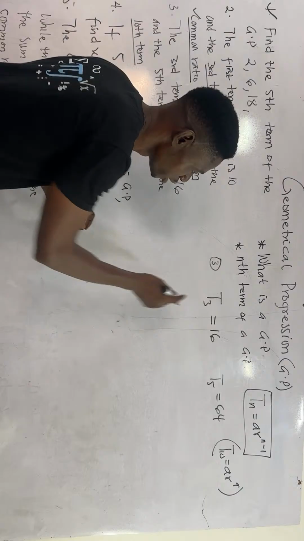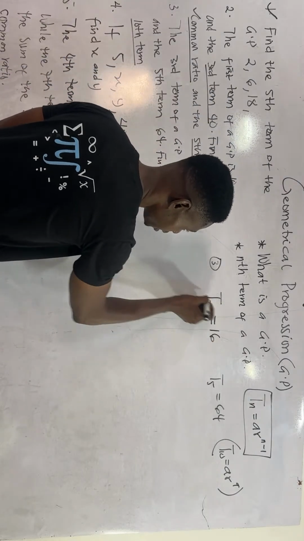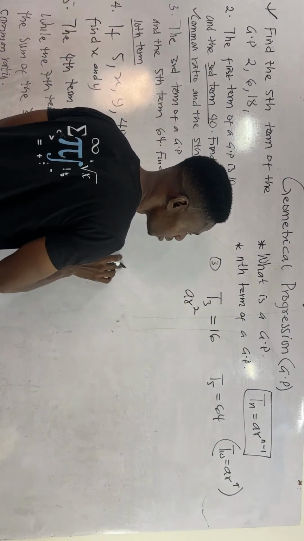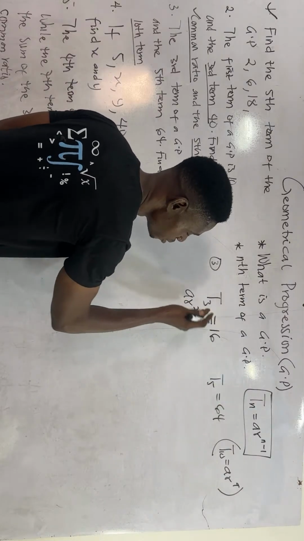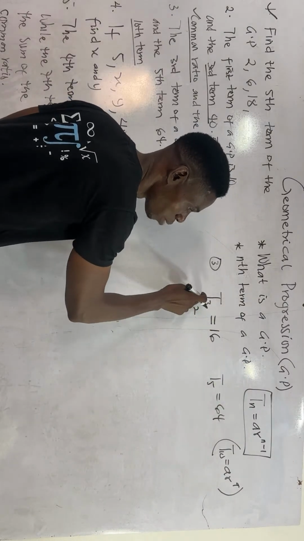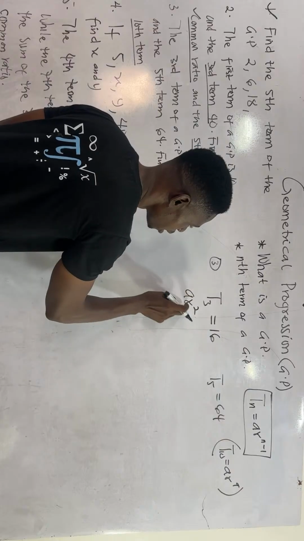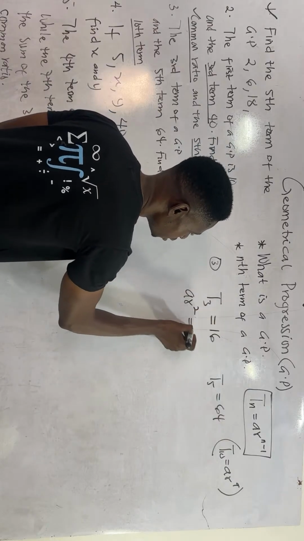Now, how do you get the third term? T3 is AR^2, right? Based on this formula, T5 is AR^4. Just remove 1 from the number you are given. So T3 is AR^2, right? And they said the answer is 16.